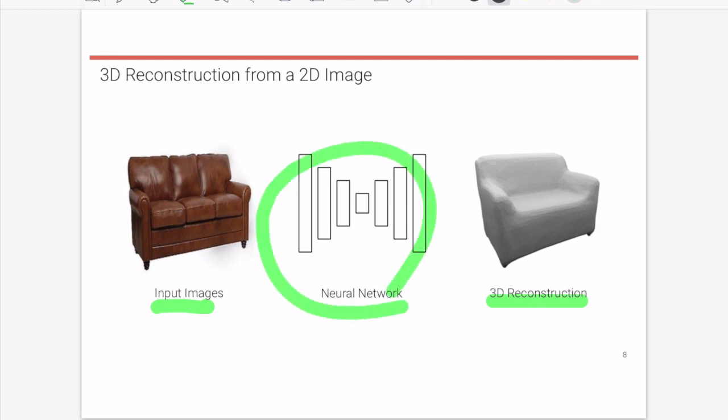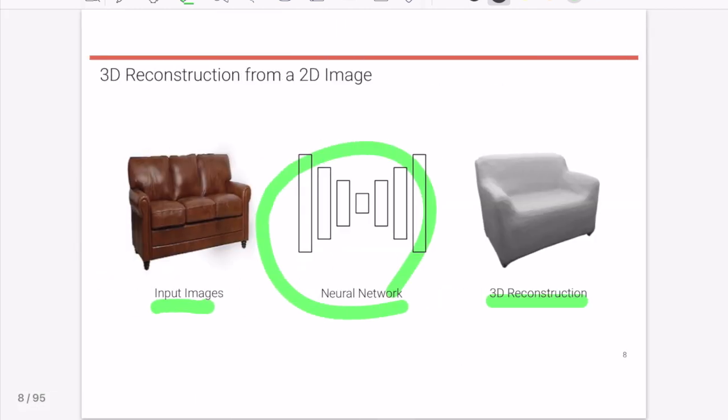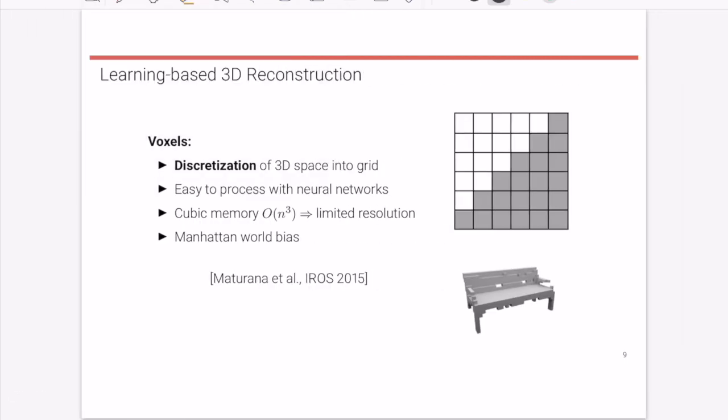Of course, this is going to be a neural network because this is a very powerful mapping function. So to formulate such a learning problem, we have to define the 3D representation. There have been several kinds of powerful representation.